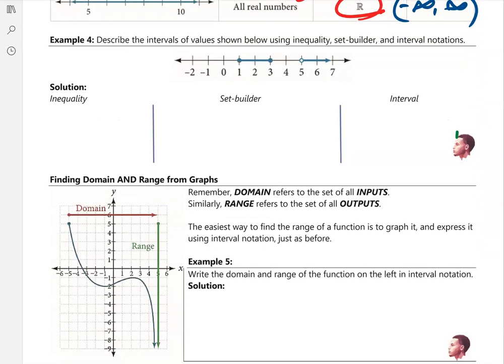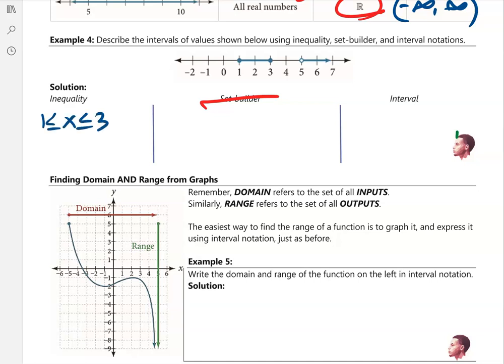Example number 4. Describe the intervals of values shown below using inequality and interval notation. Inequality between 1 and 3, including 1 and 3, that is 1 less than or equal to x less than or equal to 3.